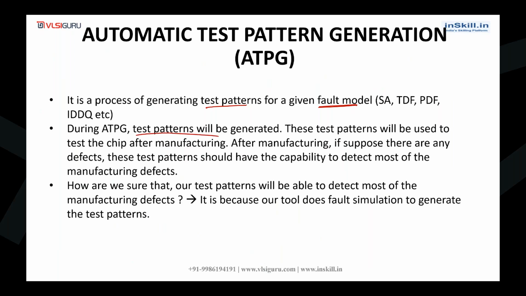During ATPG, test patterns will be generated, and these test patterns will be used to test the chip after manufacturing. After manufacturing, if there are any defects, these test patterns should have the capability to detect most of the manufacturing defects. And how are we sure of that? It is because our tool does fault simulation to generate the test patterns.